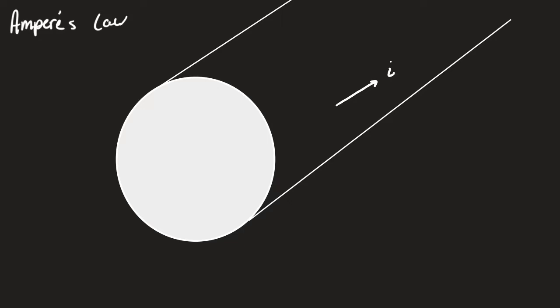So they'll usually ask you for an expression for the magnetic field inside the wire, and in addition to that, they'll tend to ask you to sketch a graph of what the magnetic field would look like both inside and outside the wire. So that's what we're looking to derive.